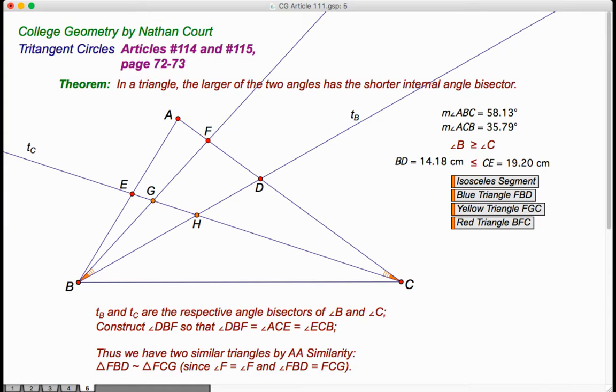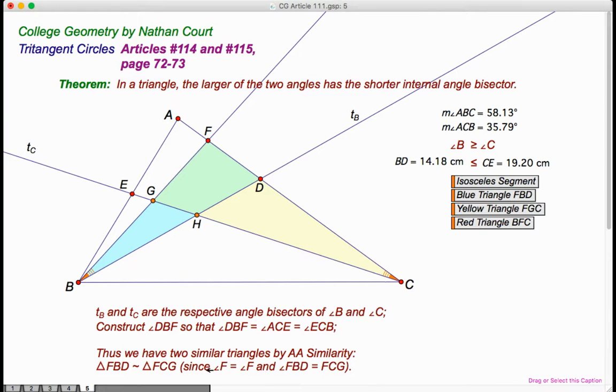And if that's the case, then we have two similar triangles. And I colored them. One is this blue triangle here, BFD, which is similar to the yellow triangle FGC. Why is that the case? Because angle F is congruent to itself. There are two overlapping triangles. So this is congruent to itself, and this one is constructed to be congruent to this one.